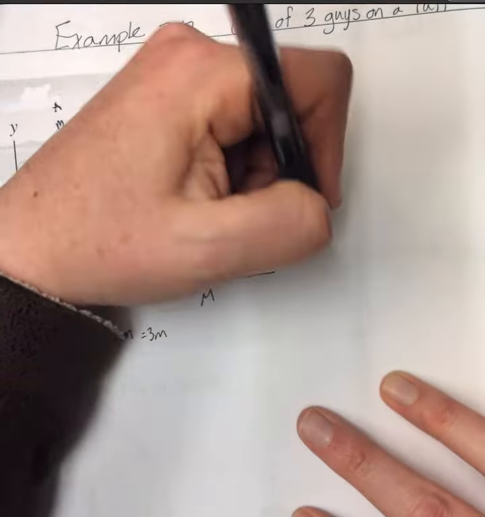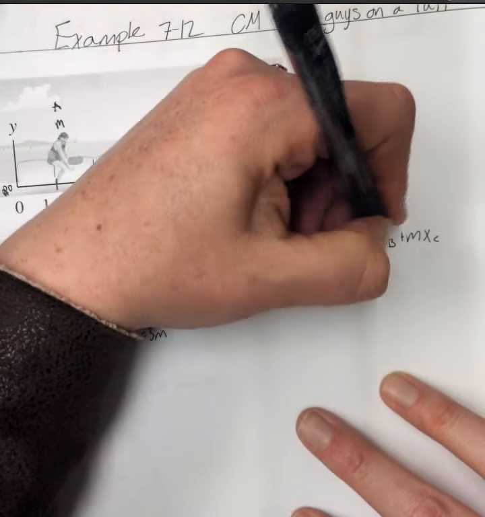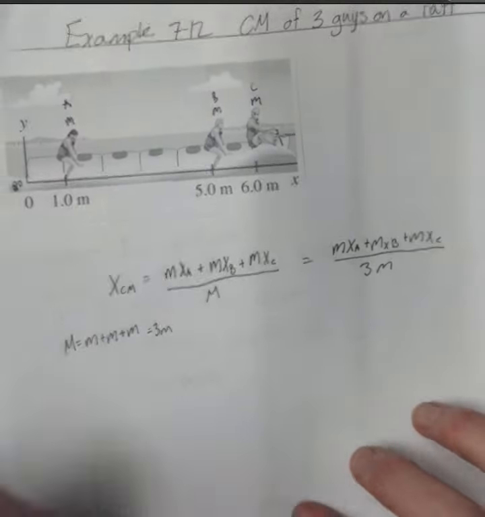So that means mXA plus mXB plus mXC divided by 3m. There's some factoring that we can do here, so we're definitely going to do that factoring.